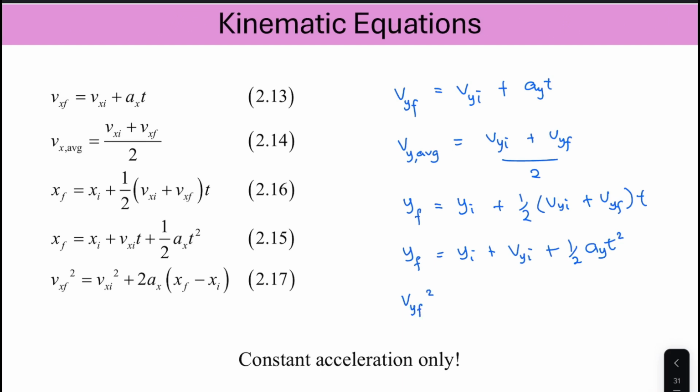And the final version: Vy final squared equals Vy initial squared plus 2ay times y final minus y initial. All of these equations are only applicable for constant acceleration.